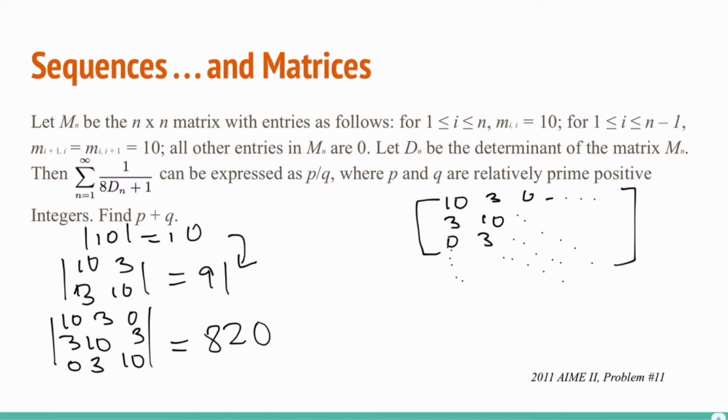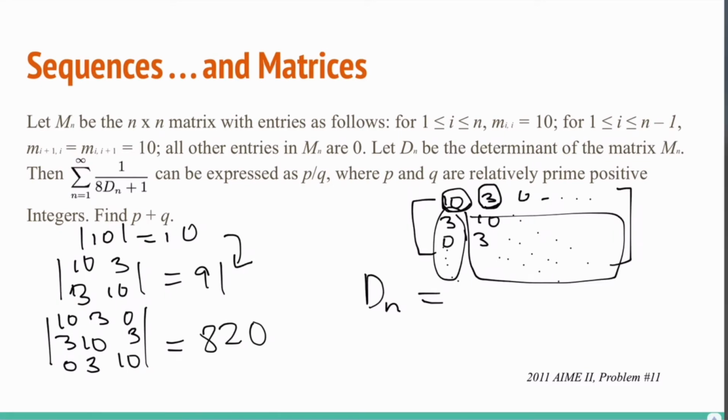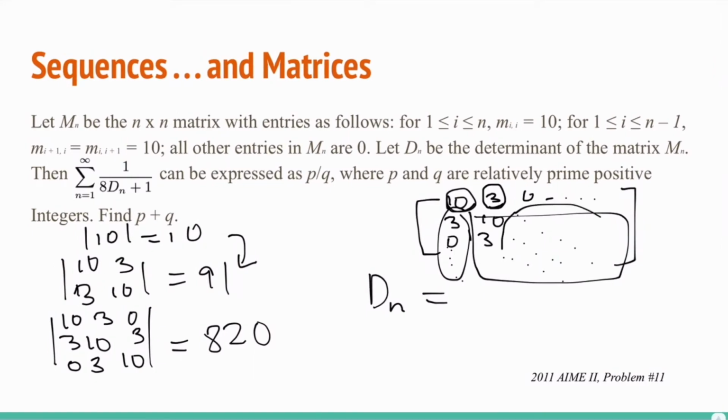The determinant of this matrix, let's say Dn, equals 10 times the determinant of the previous matrix minus 3 times the determinant of this matrix, which is these few rows.